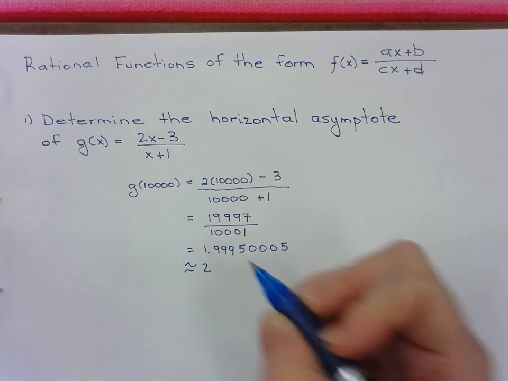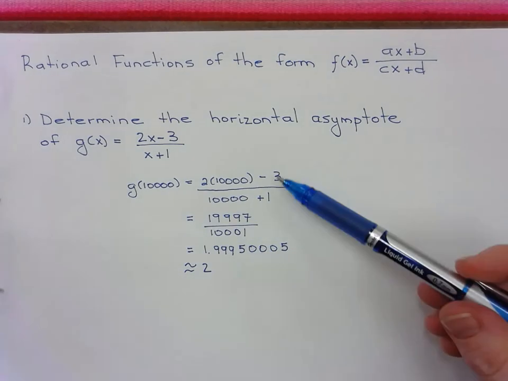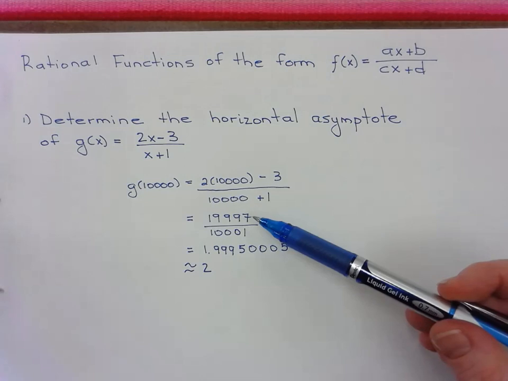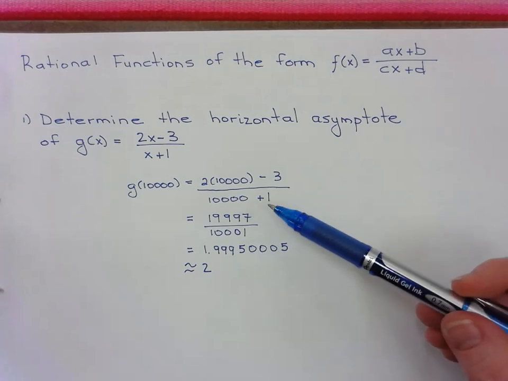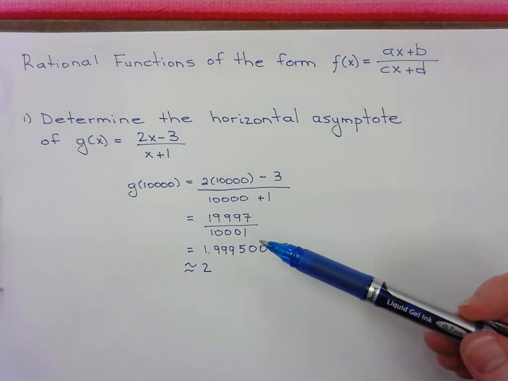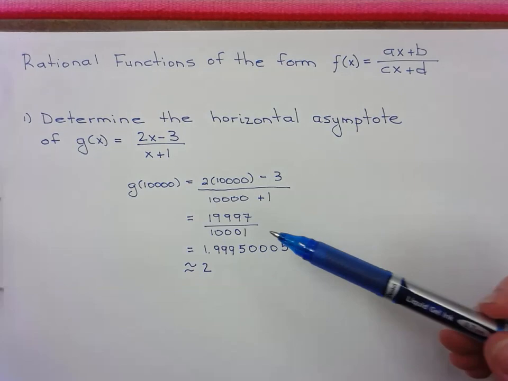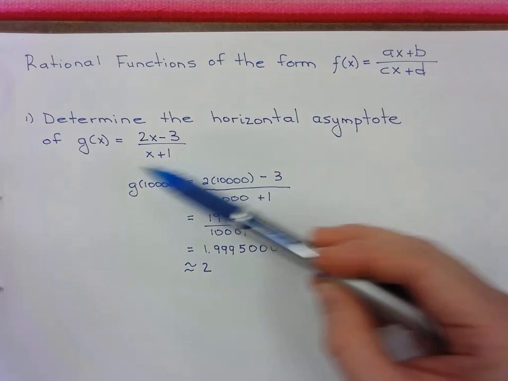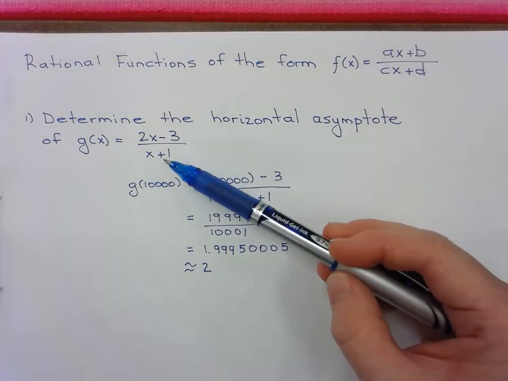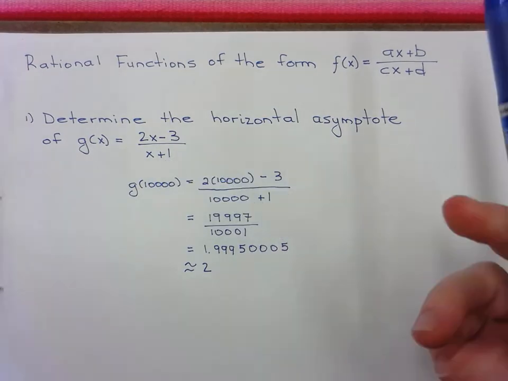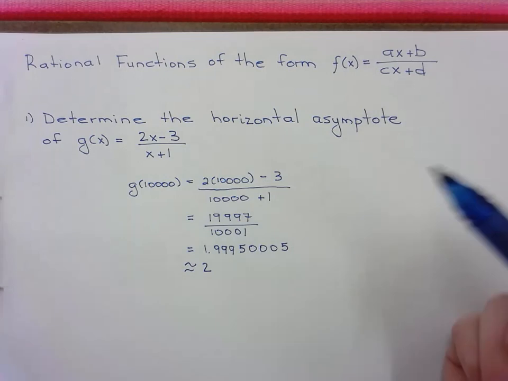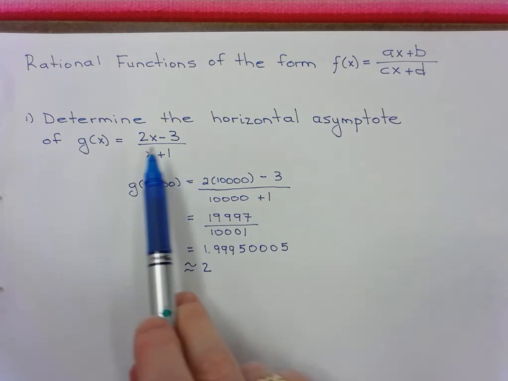So as we take a look at the numerator, the subtract 3 hasn't changed it significantly, and the addition of 1 hasn't changed it significantly. So let's take a look then at how to determine the horizontal asymptote by ignoring the negative 3 and the positive 1.